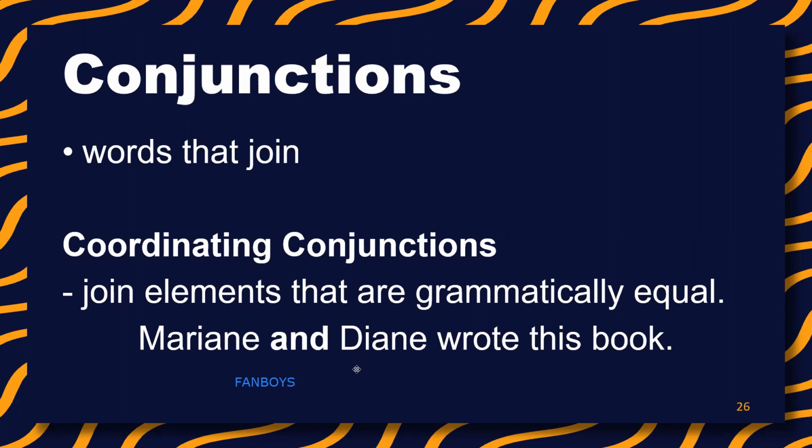So yan ang coordinating conjunctions: for, and, nor, but, or, yet, and so. Your semicolon is also considered part of your coordinating conjunctions aside from your FANBOYS. So that's for coordinating conjunctions.